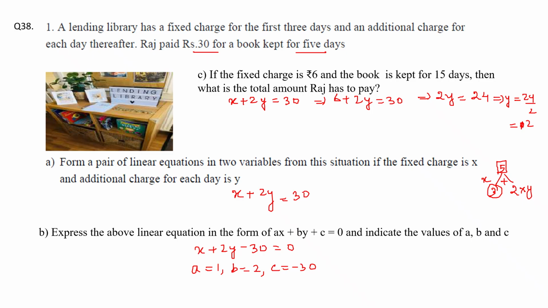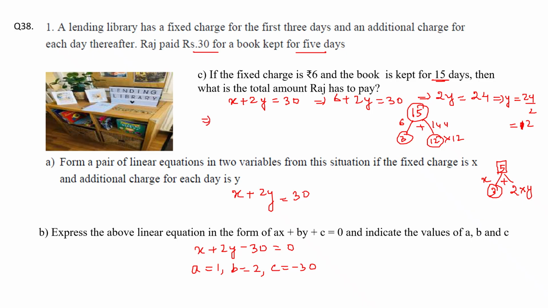Now we have to find for 15 days how much he will pay. Now in 15 days also, for 3 days he has to pay some fixed amount, which is 6 rupees. Now 15 minus 3, 12 days. He will pay 12 rupees per day. It means for 12 days he has to pay 12 into 12 rupees. So it will be 144. So total amount he will pay is 6 plus 144.